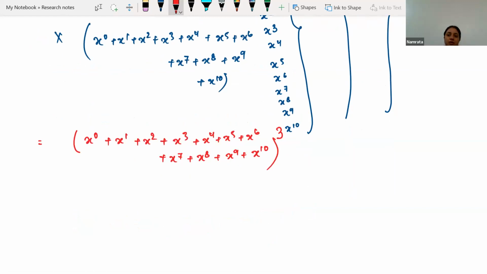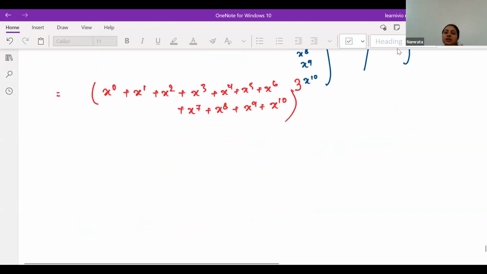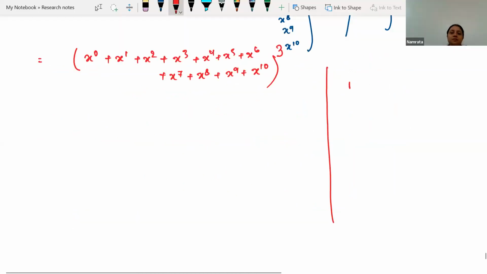Do you know about geometric progression? Arithmetic progression you have done in the previous class, in class 10. And geometric progression, do you know about that? No, ma'am. So geometric progression looks like this one. Let's say we have 1, 2, then 4, then 8, 16, 32.